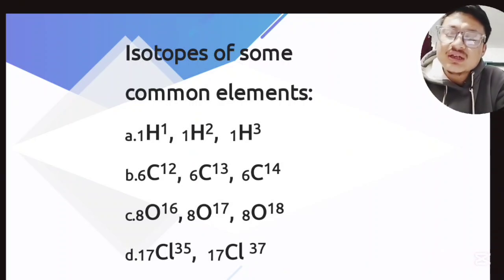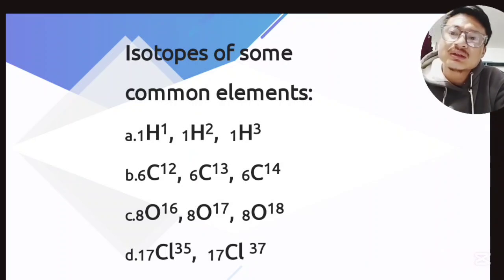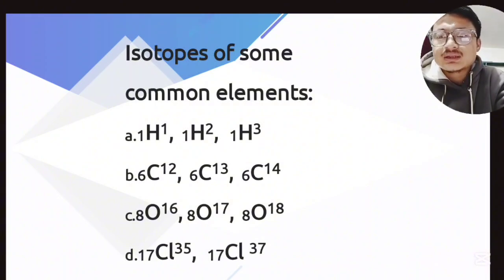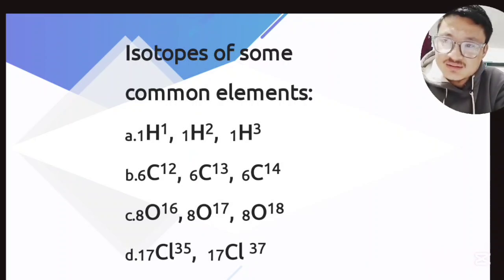All three isotopes have atomic number 6 but different mass numbers: the first one has 12, then 13, and 14. Third, oxygen has 3 isotopes with the same atomic number, which is 8, and different mass numbers: 16, 17, 18.